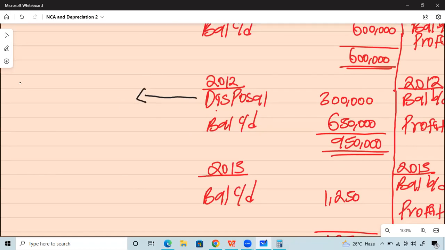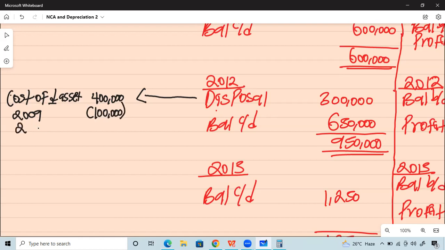So the cost of the asset is 400. 2009 depreciation is 100,000. 2010 depreciation is 100,000.